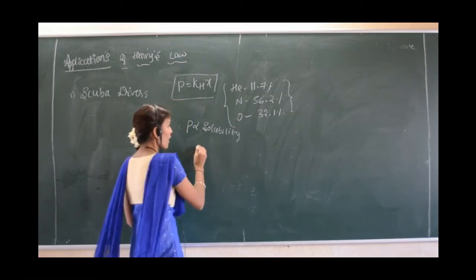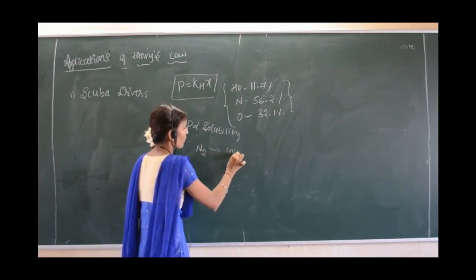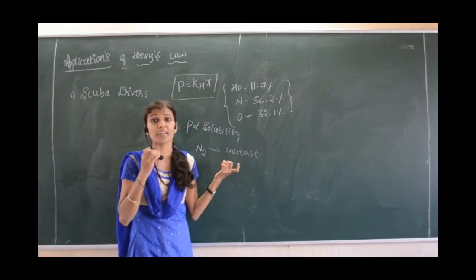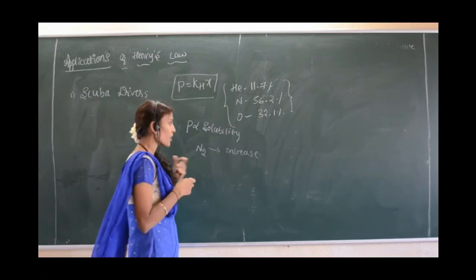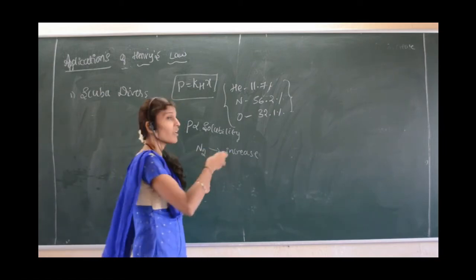So the nitrogen content in the blood is going to increase. Why the nitrogen? The solubility of nitrogen in the blood increases because the pressure is increasing inside the ocean.